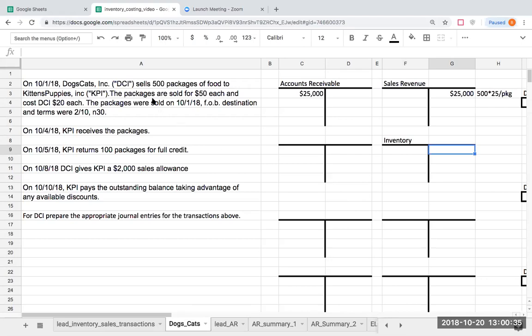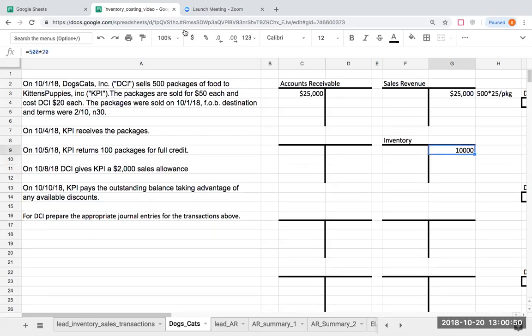Now note here, it tells us that the packages were sold for $50 each and cost us $20 each. So I'm going to have 500 packages, and those packages cost me $20 each for a total of $10,000.